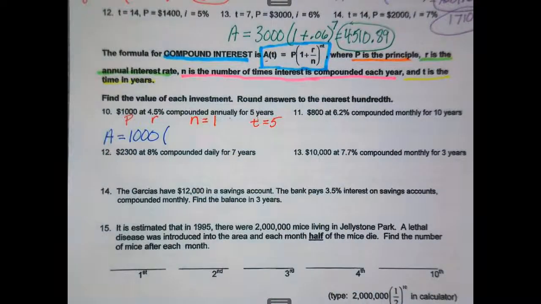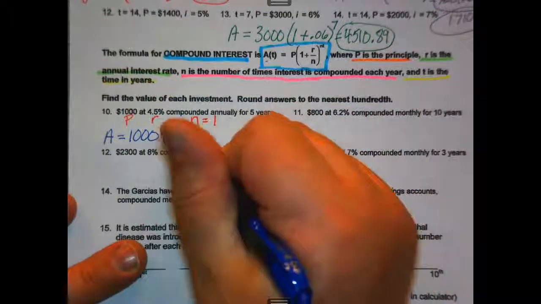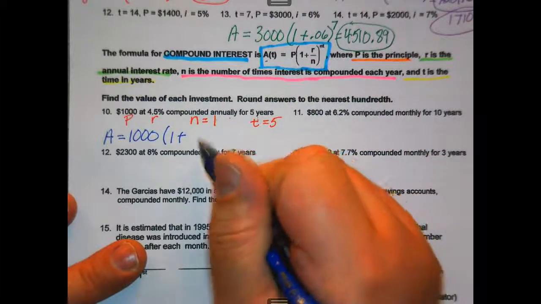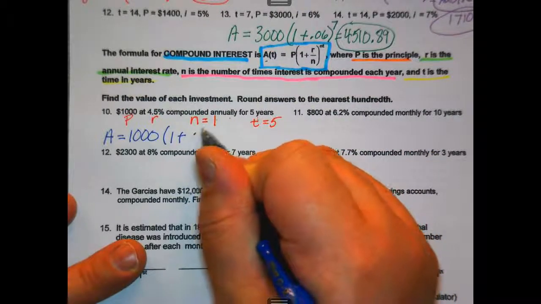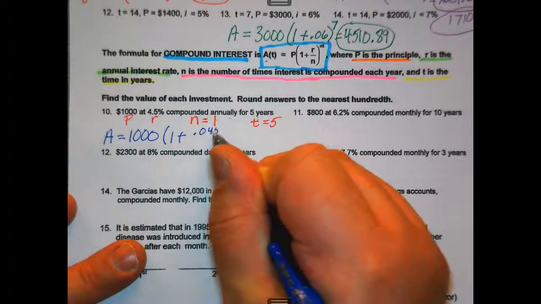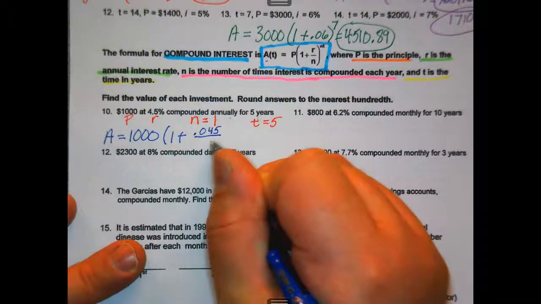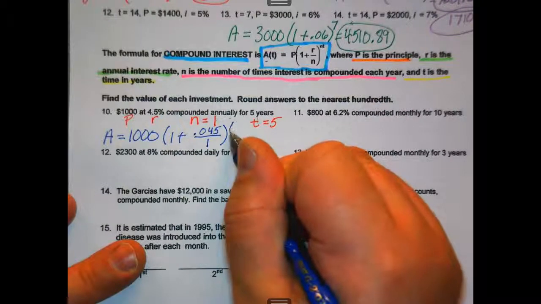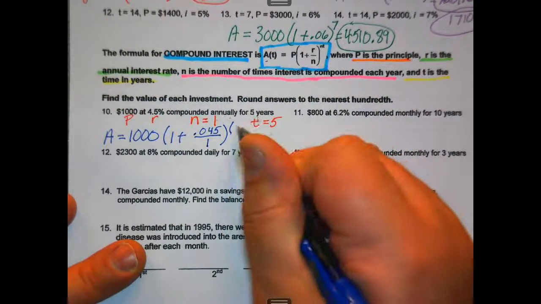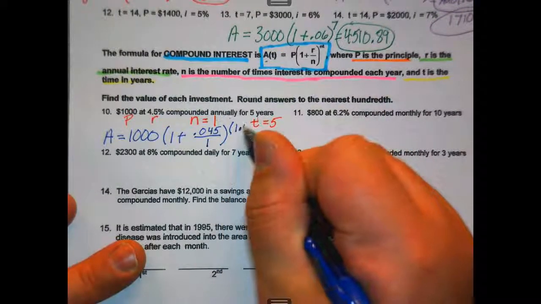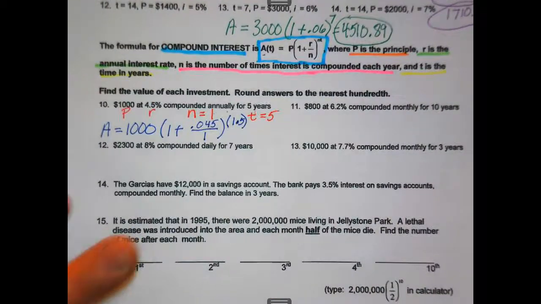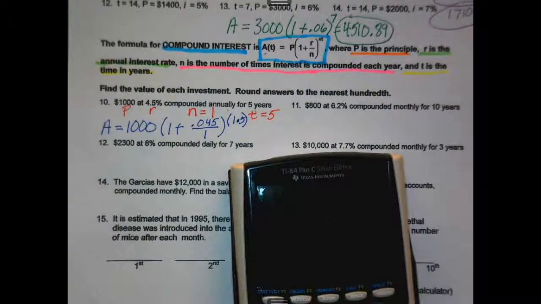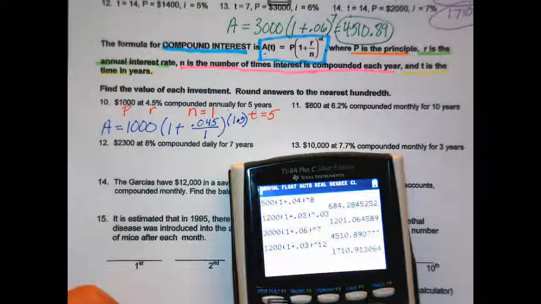Guys, quiet down. 1 plus my rate, which is 0.045, divided by my N, which is 1, raised to the N, which is 1, times T, which is 5. So there's a lot going on with compounded interest. Okay, let's plug it in our calculators.